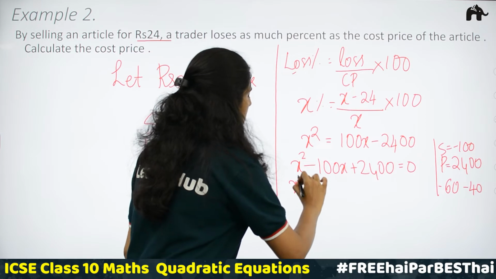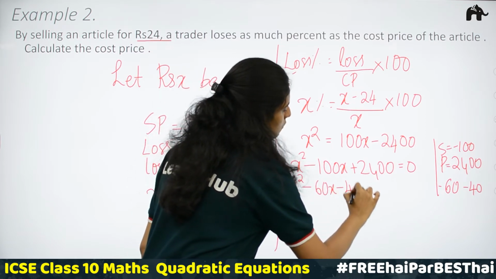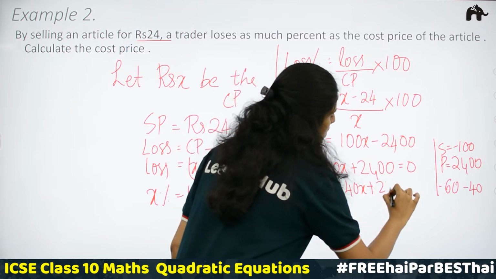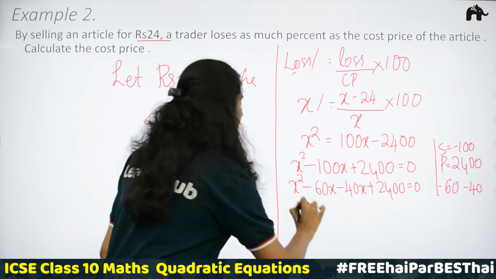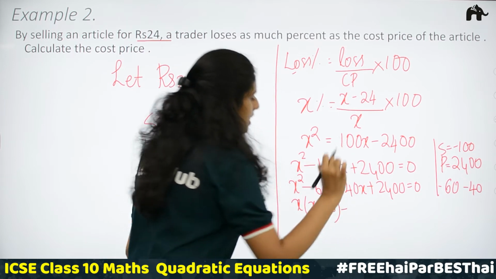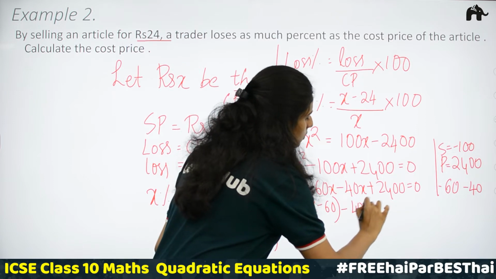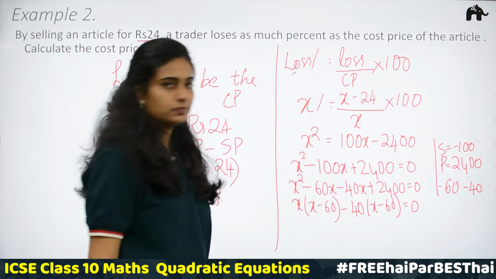This can be written as X square minus 60X minus 40X plus 2400 is equal to 0. Taking common, X into X minus 60 minus 40 into X minus 60 is equal to 0.